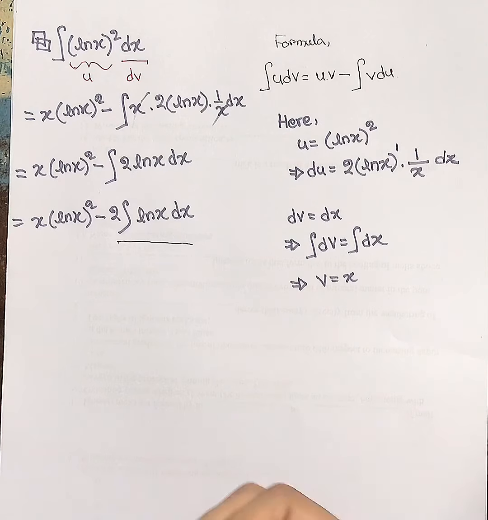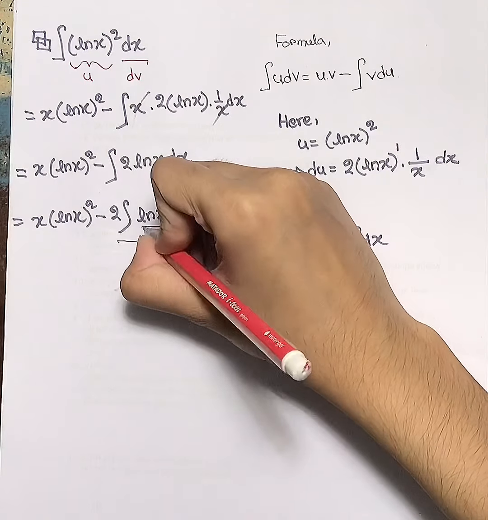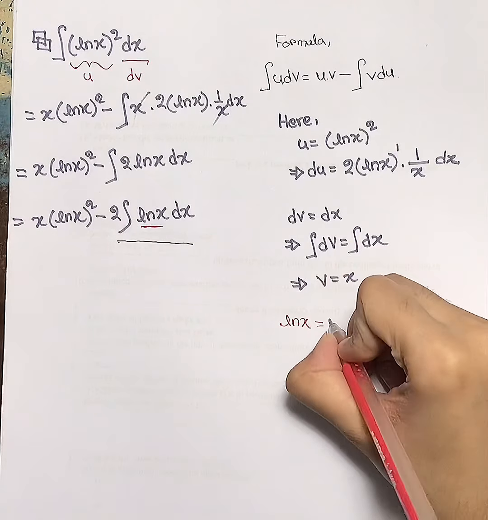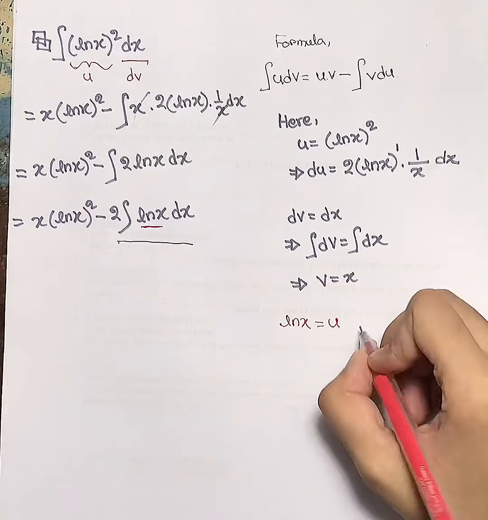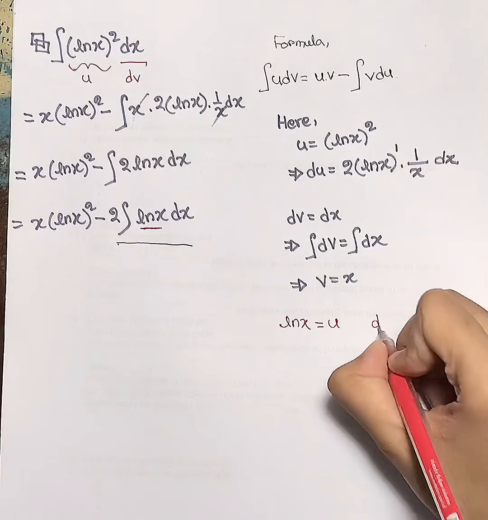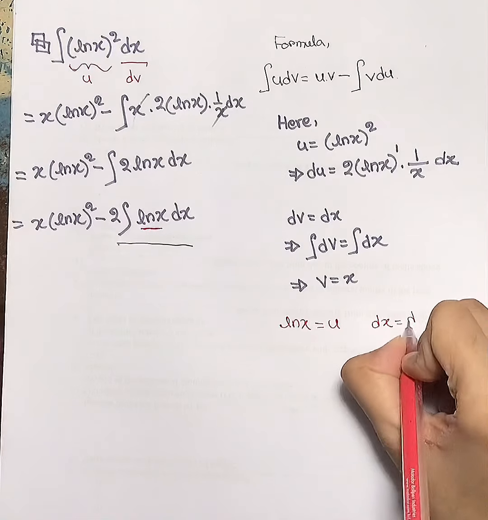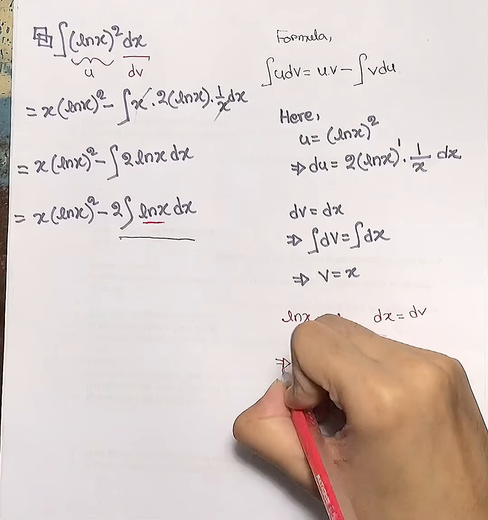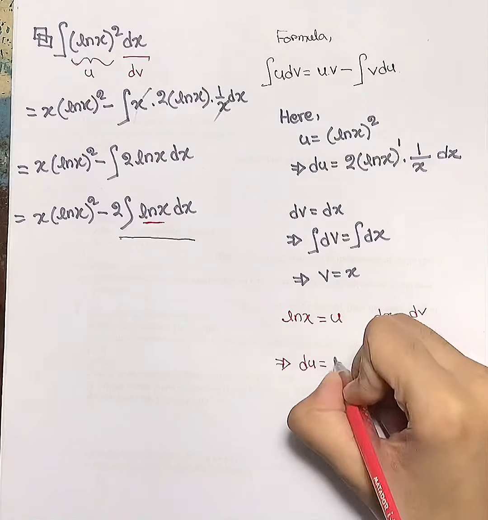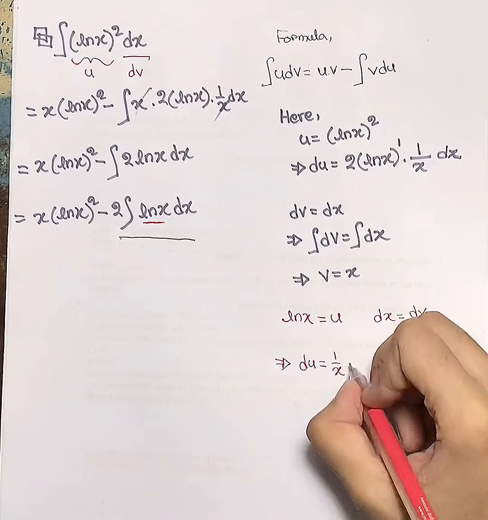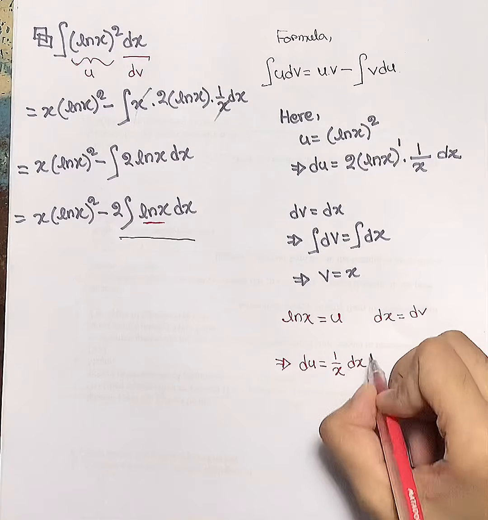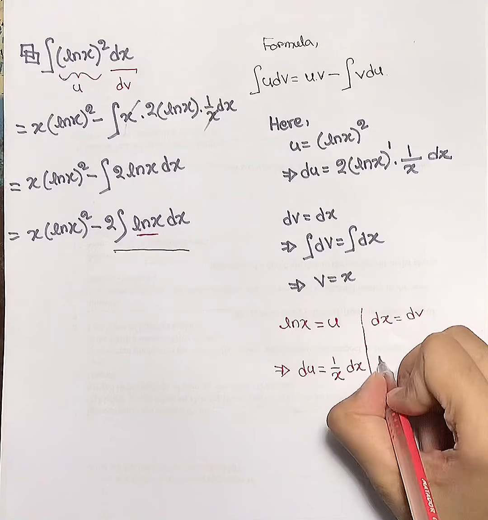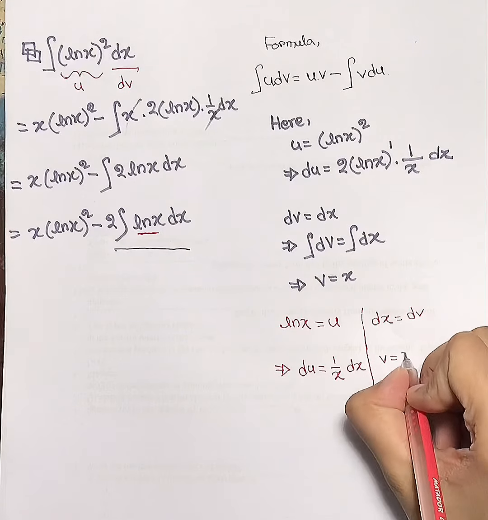I will consider my ln x as u and my dx as dv. Like the previous step, my du will be 1 by x dx, and from here I will have v is equal to x.